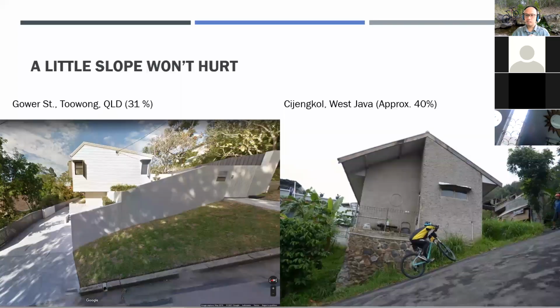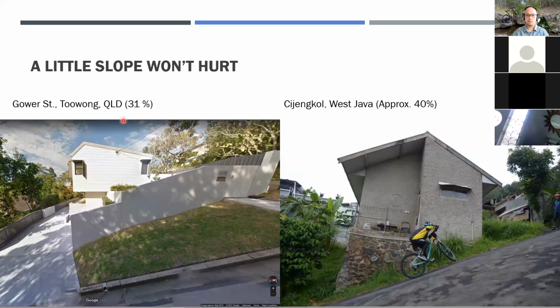Now, yes, a little slope won't hurt, actually. I did mention that slopes greater than 25% are generally avoided to prevent environmental and aesthetic impacts, but extreme slopes can be fun too, fun to develop, and may present a challenge for some people. Two of the steepest slopes that I know of.